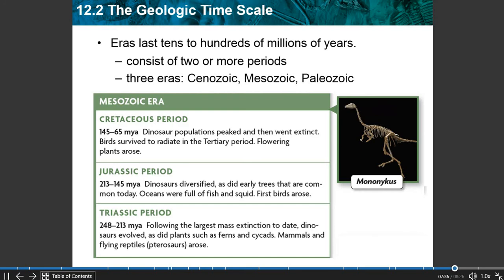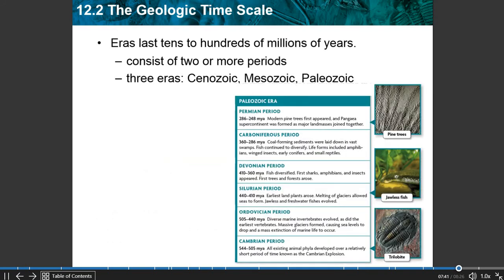You've got the Cretaceous period, Jurassic period, and Triassic period. And then you've got the Permian period, the Carboniferous period, the Devonian period, the Silurian period, the Ordovician period, and the Cambrian period.